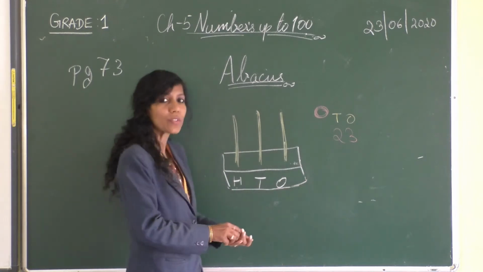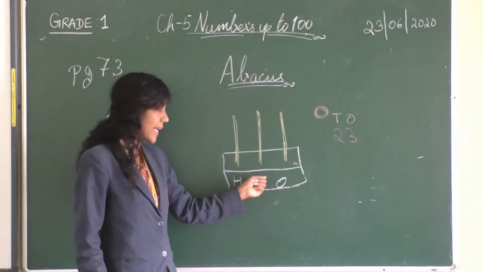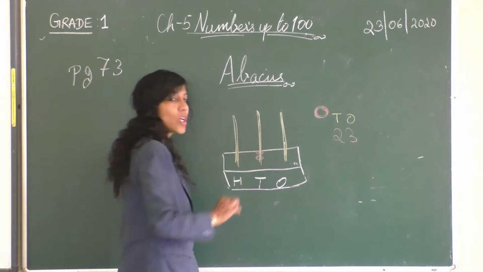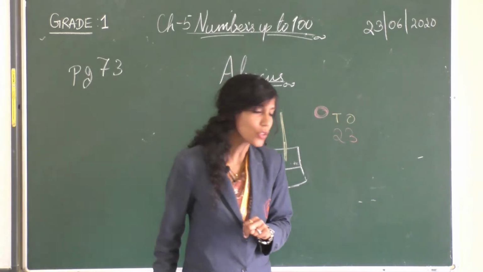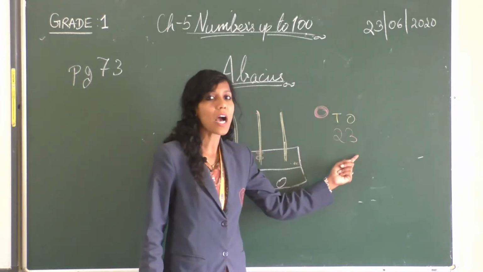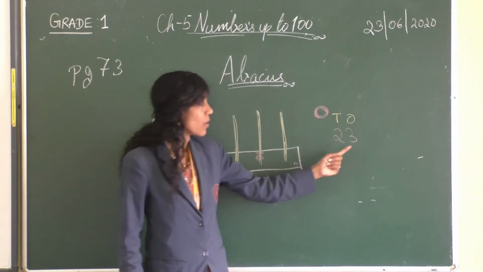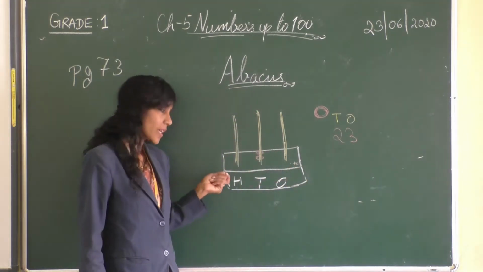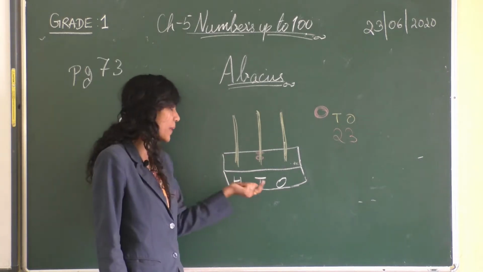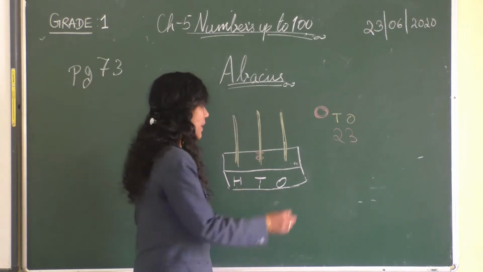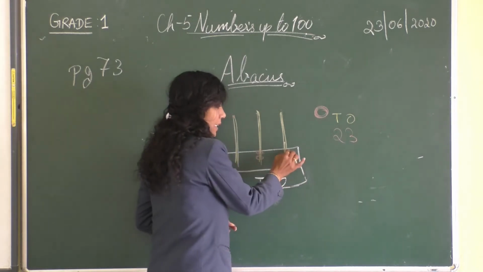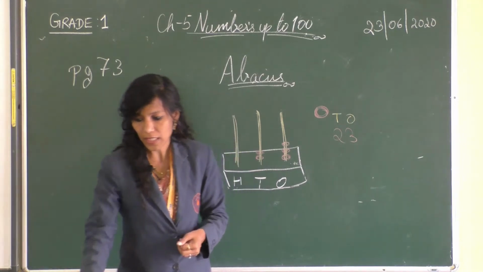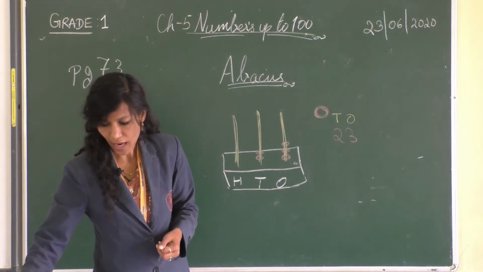So what we do is, in the tens place, we put 2 beads. Now, ones, how many single ones are there? 3 single ones. Where do we put them? Not the hundreds place; we put them in the ones place. So, 1, 2 and 3.